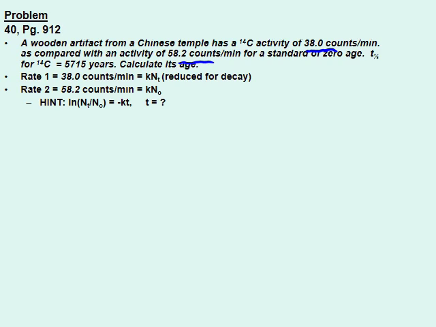So make sure you use this expression, log of Nt by N0 equals minus kt. Now here we need the k value, which is the decay constant.